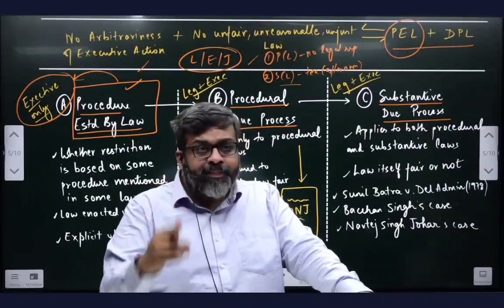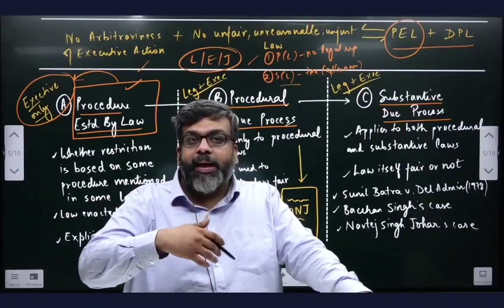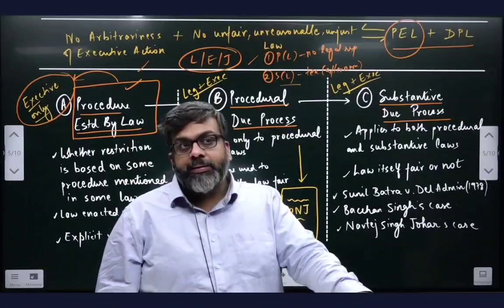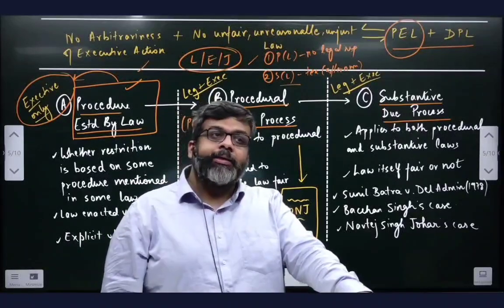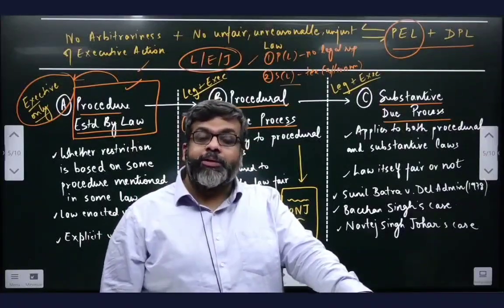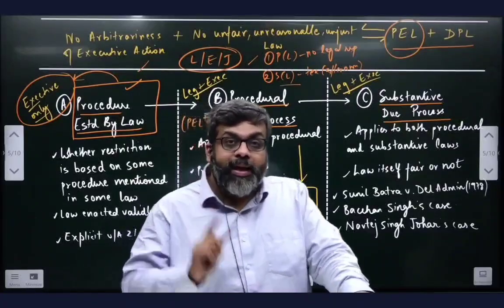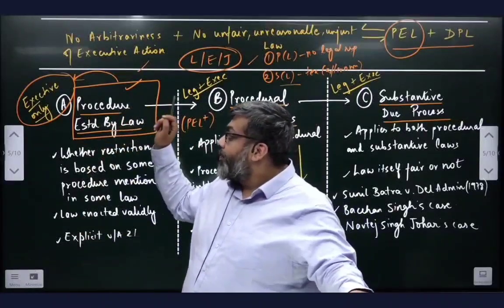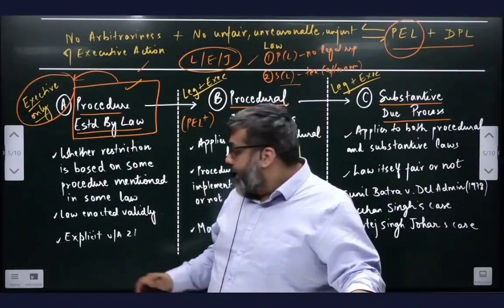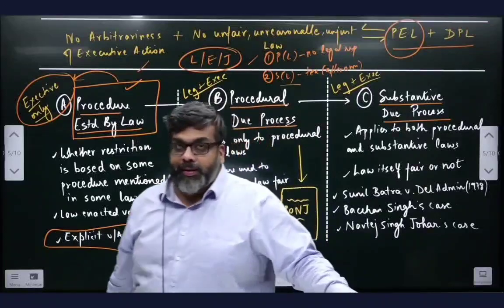For example, let us say there is an income tax law under which an income tax authority has the right to inspect your documents. But before they do that, they have to send you a notice. If they don't send you that notice, they have violated a valid procedure established by law. That's what it means. It is explicitly given under Article 21.